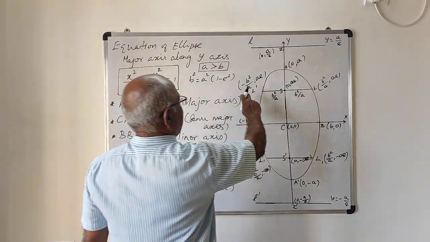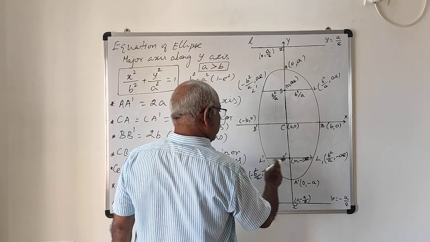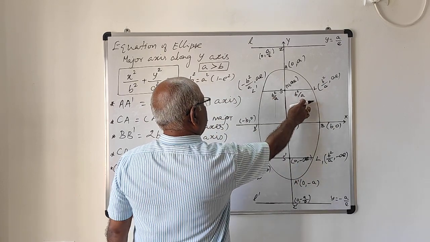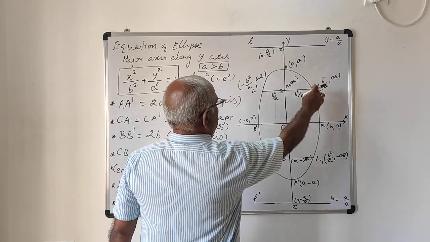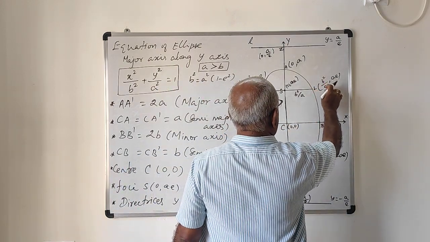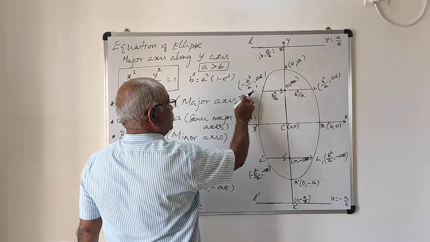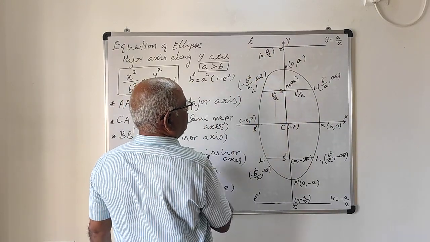As well, LL' and L1L1' are the two lateral recta. LL' is one lateral rectum, L1L1' is another lateral rectum. The endpoints of lateral rectum LL' are (b squared by a, ae) and (minus b squared by a, ae).